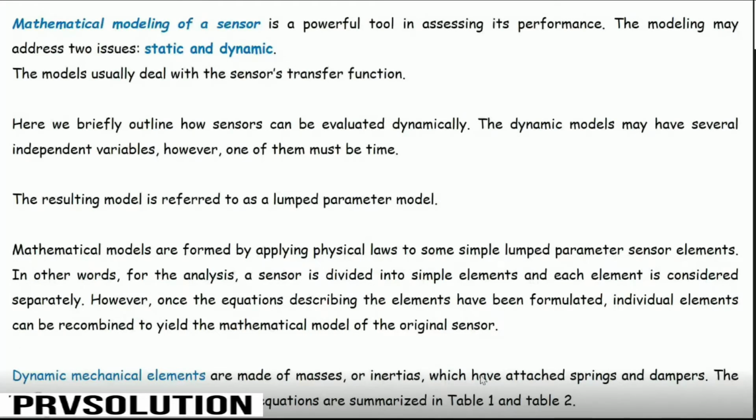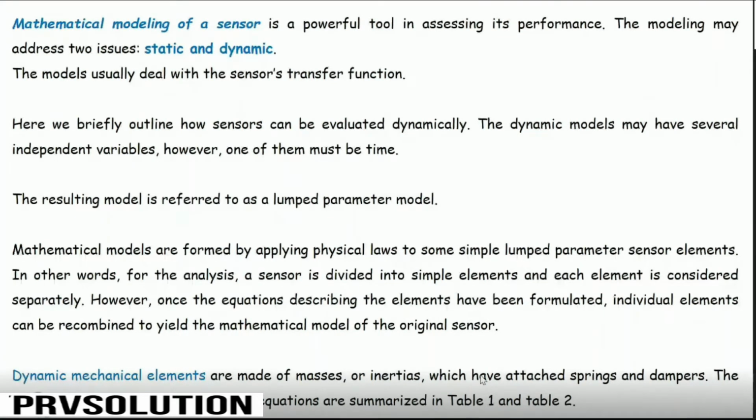Here we briefly outline how sensors can be evaluated dynamically. The dynamic models may have several independent variables. However, one of them must be time; maybe frequency, maybe distance, maybe some other things. But time is the most preferable, most important variable.